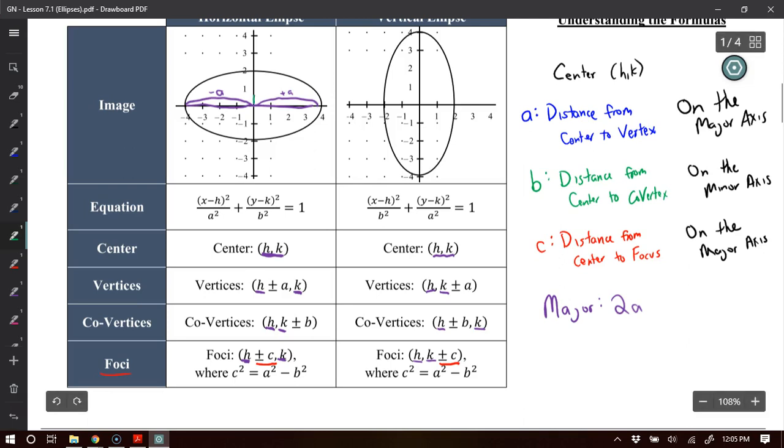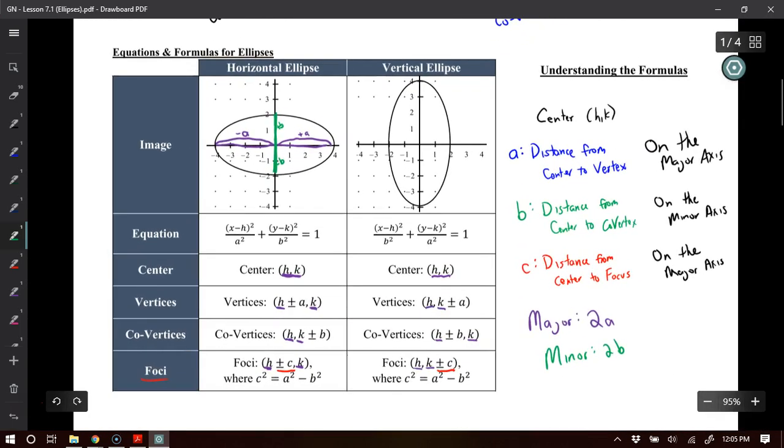The minor axis is on the covertices. If I add B and subtract B to create these points, the distance from here to here is twice B. And so the length of the minor axis is twice B.